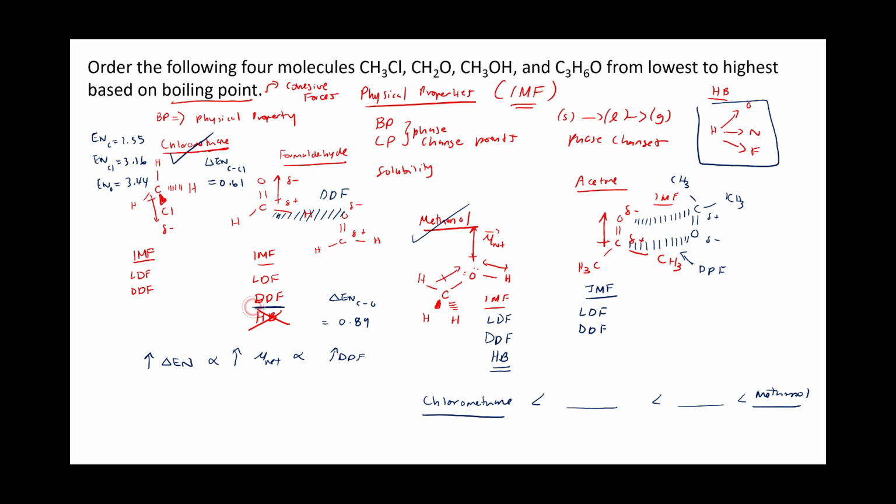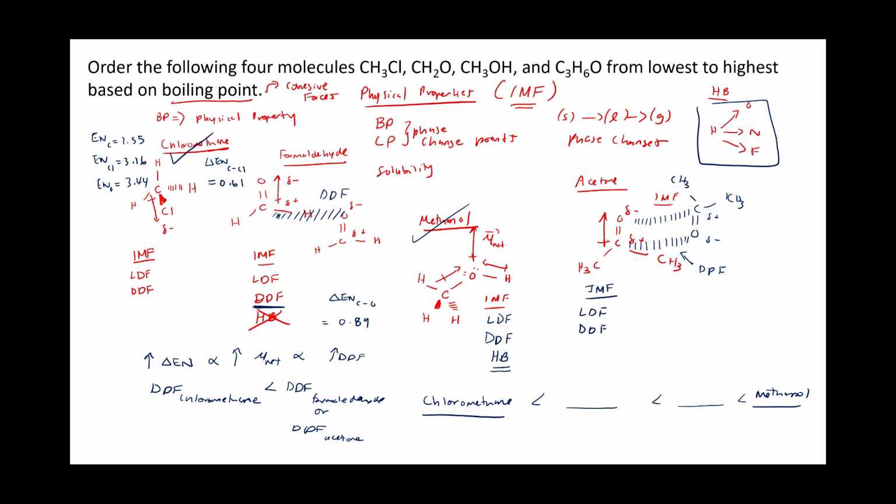So in this case, the dipole-dipole force of chloromethane was weaker than the dipole-dipole force we would see in formaldehyde, or the dipole-dipole force we would see in acetone. And that's what we've come to a conclusion of.